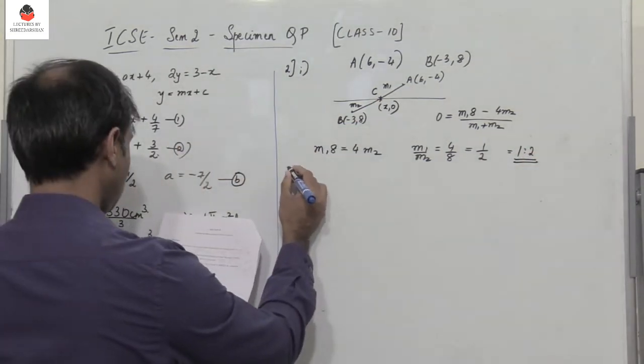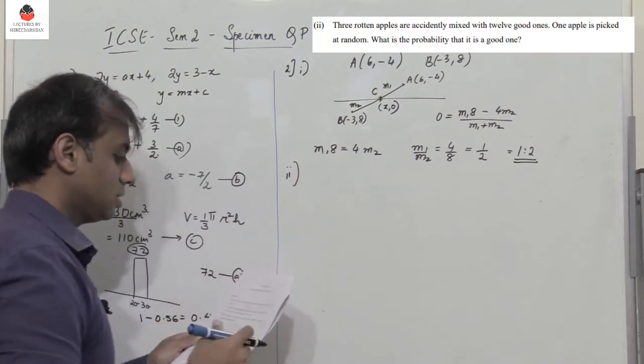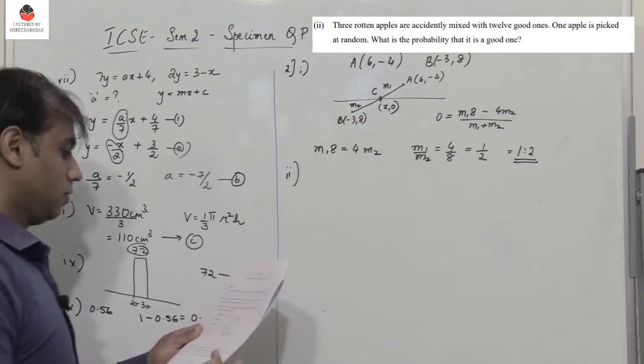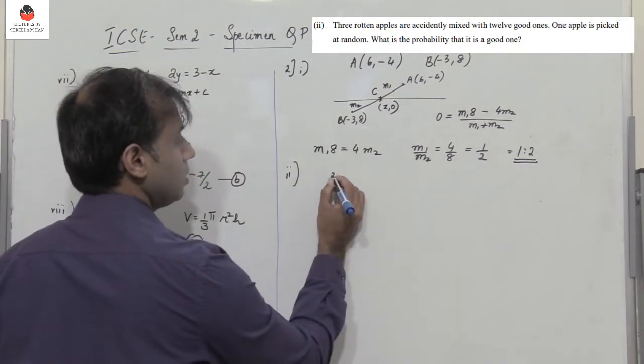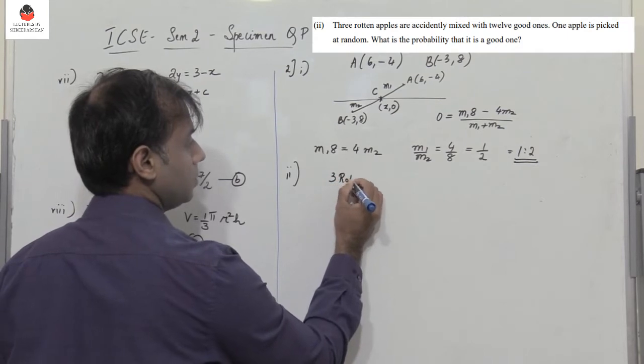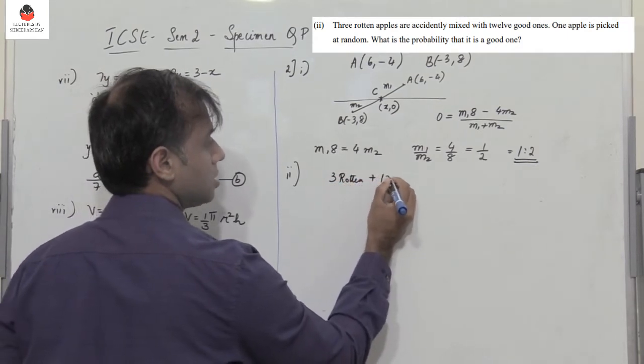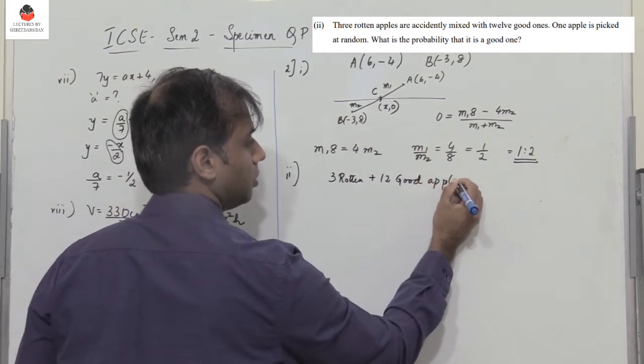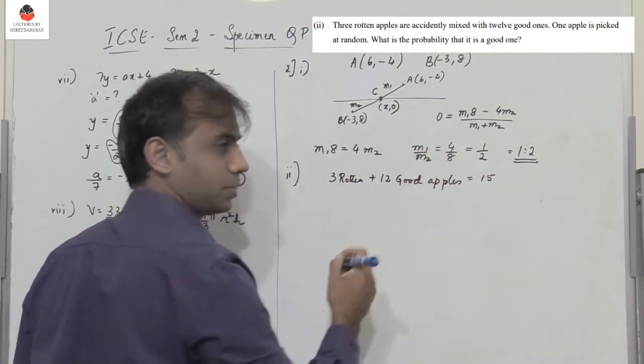2. 3 rotten apples are accidentally mixed with 12 good ones. If one apple is picked at random, what is the probability that it is a good one? Very simple. So you have 3 rotten apples plus 12 good apples. So the total number of apples would be 15, right?